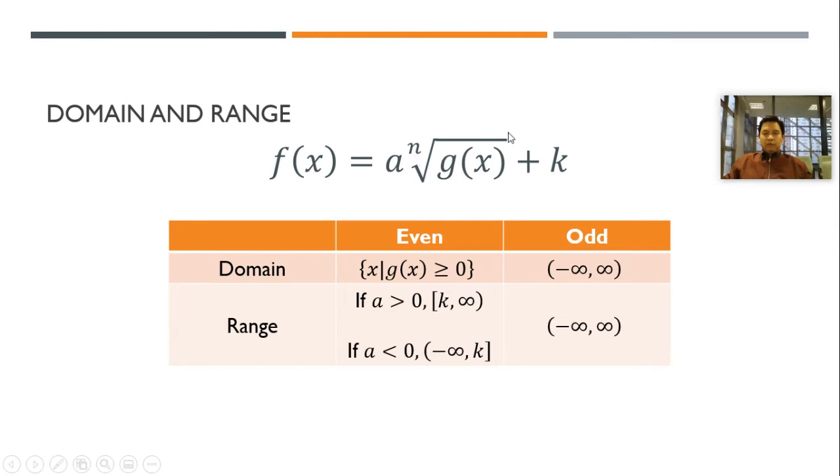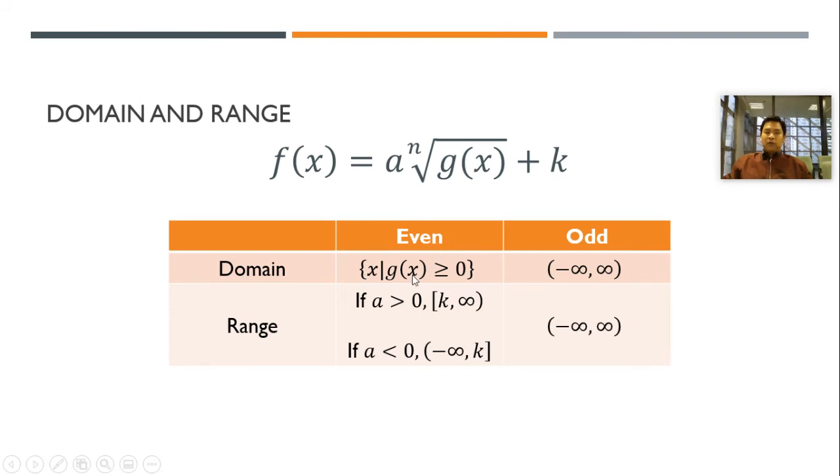You have the root. The radicand is an expression in terms of x. It may have a coefficient outside or multiplied to the whole radical. Then maybe plus or minus another constant. The domain will have to depend on the type of root.